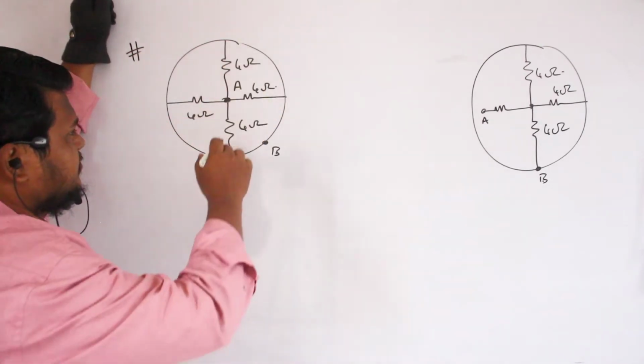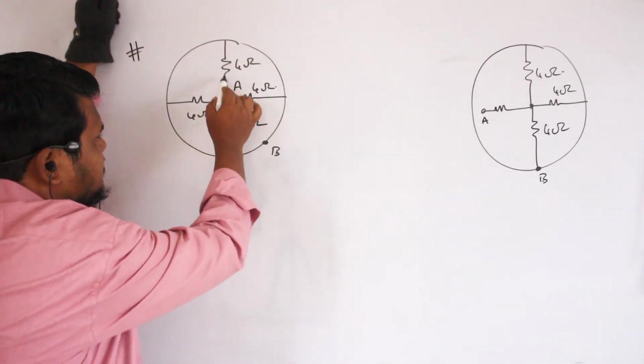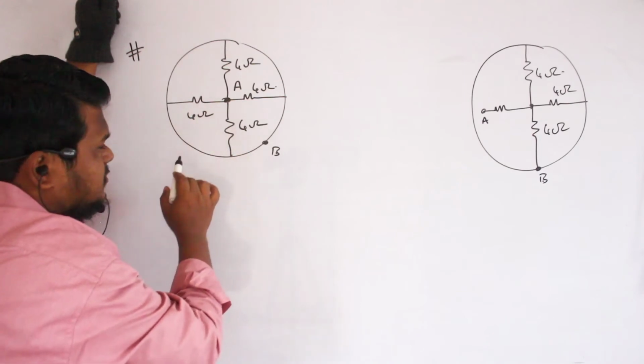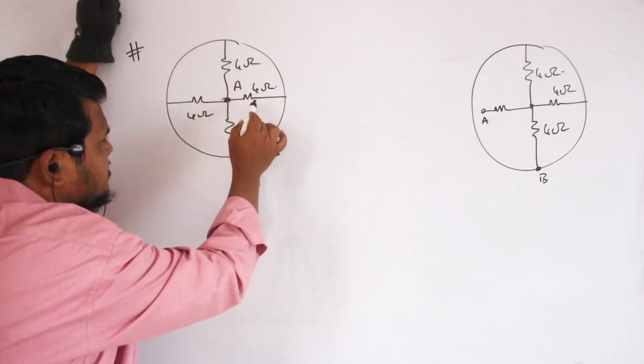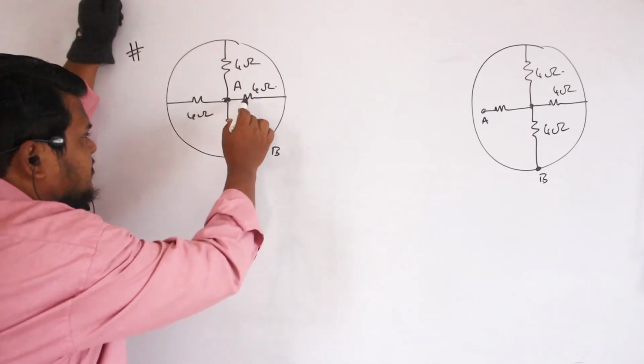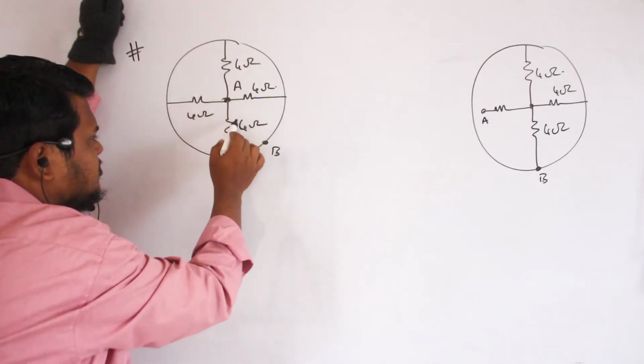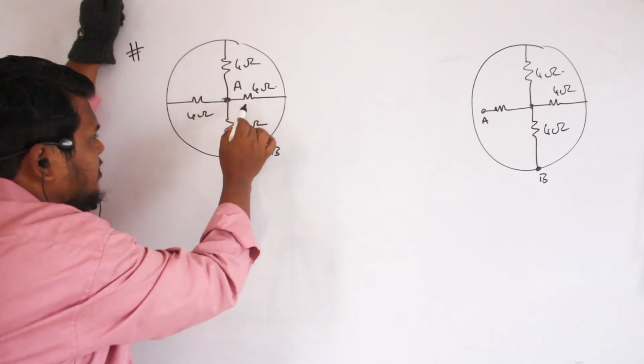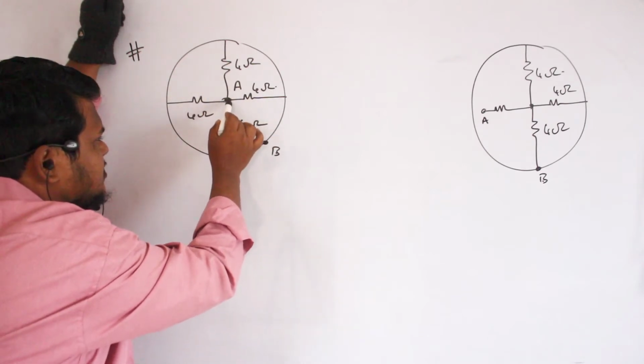See, here we have the first resistor, second one, third one, and fourth one. One end of all these resistors is present at the potential of A. If I call these resistances R1, R2, R3, and R4, one end of all these resistors is at the same potential, potential A. Now take the remaining ends: the other end of the first resistor, second resistor, third resistor, and fourth resistor. Can I say they are all present at the same potential?